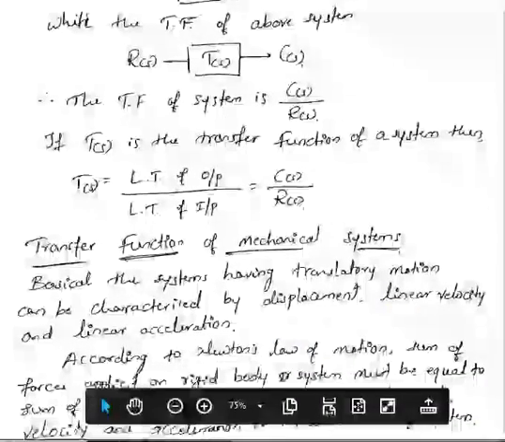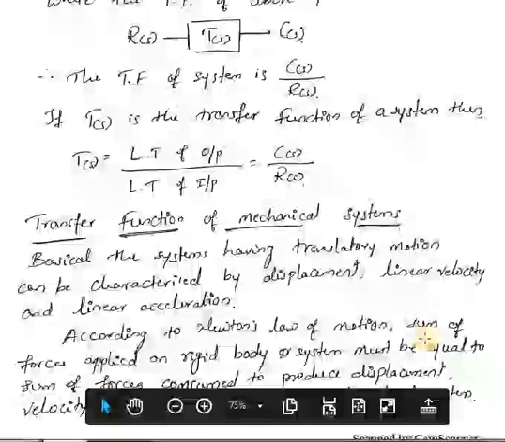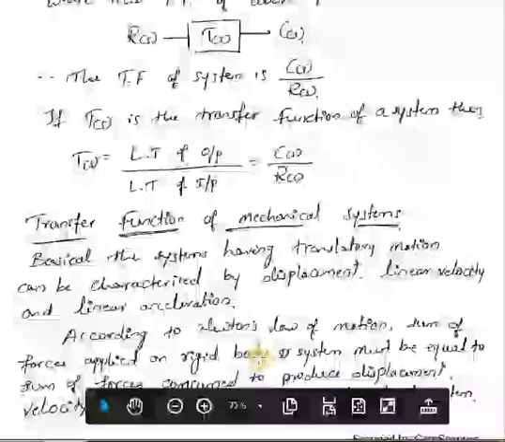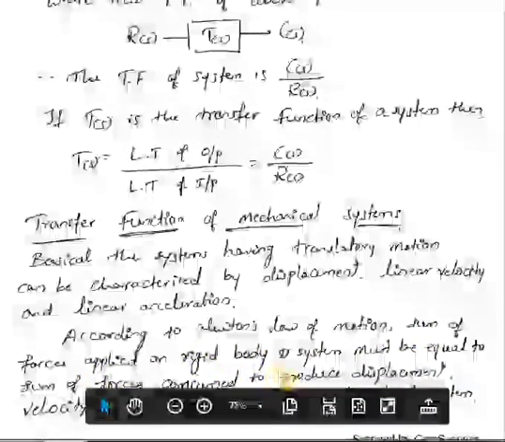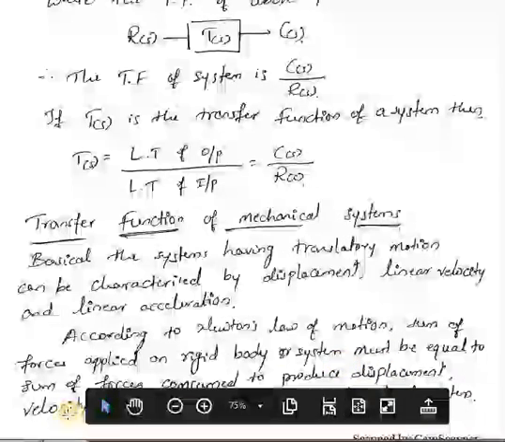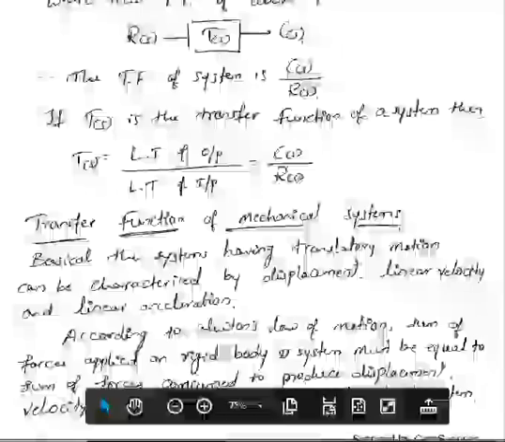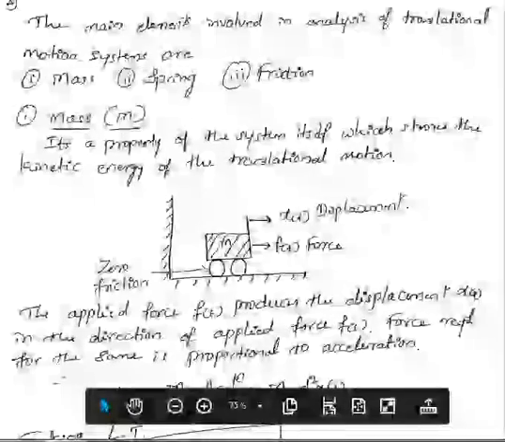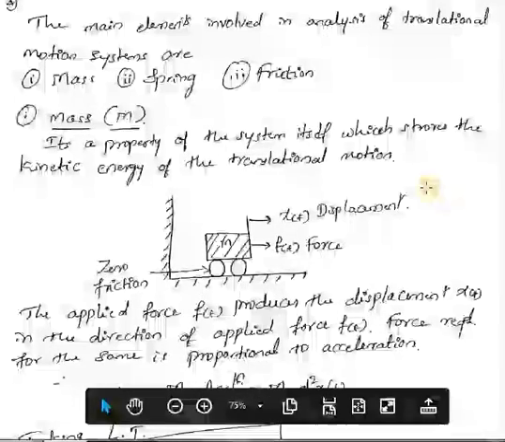We have Newton's law of motion, which says the sum of the forces applied on a rigid body or a system must be equal to the sum of the forces consumed to produce the displacement, velocity or linear acceleration on the system. By using Newton's second law, you can easily write the transfer function of the given system.